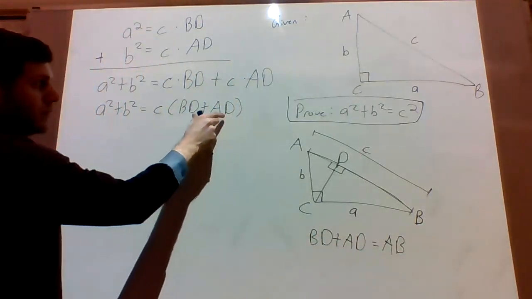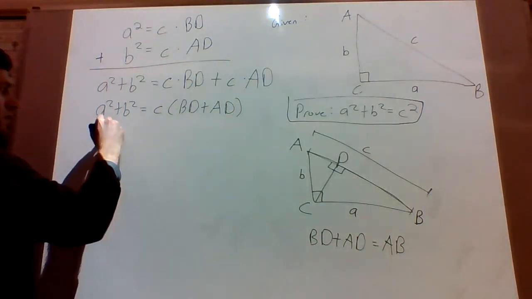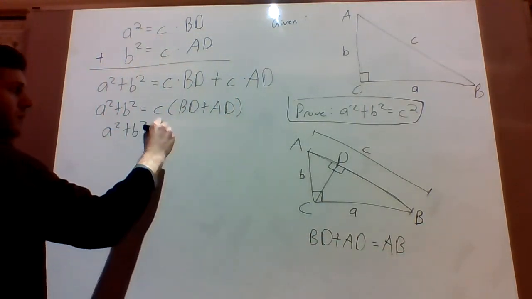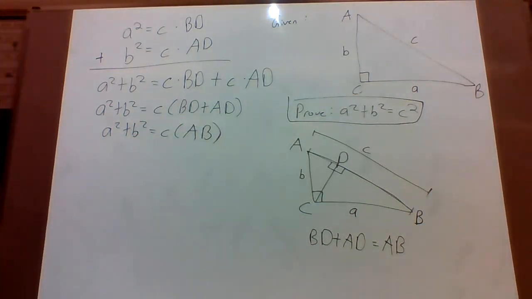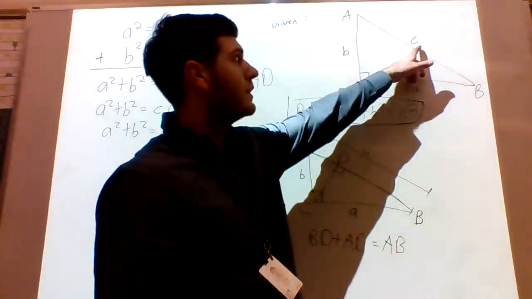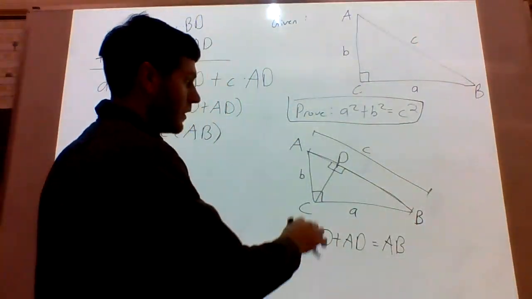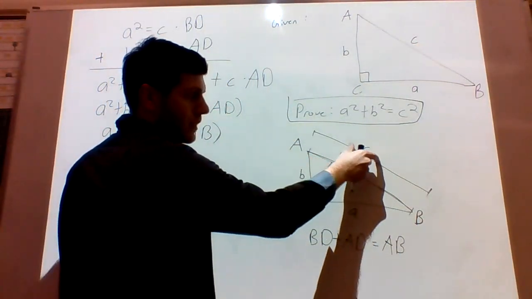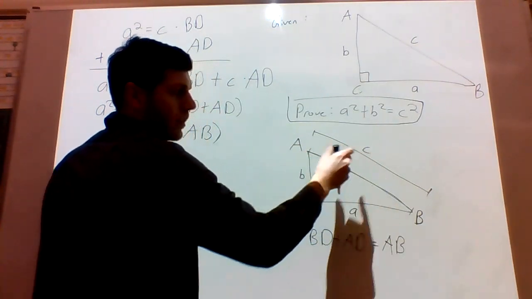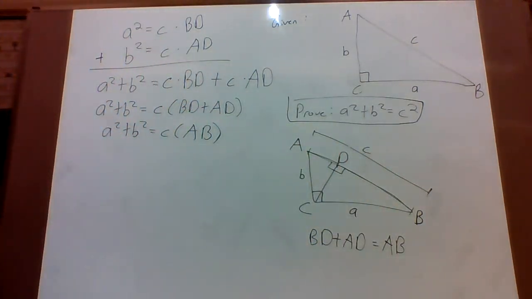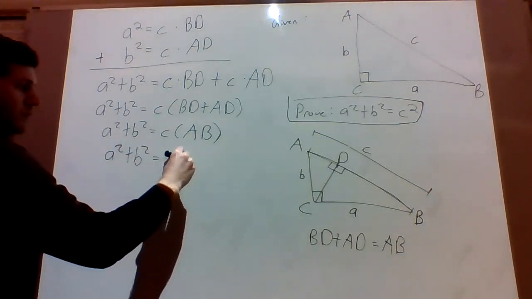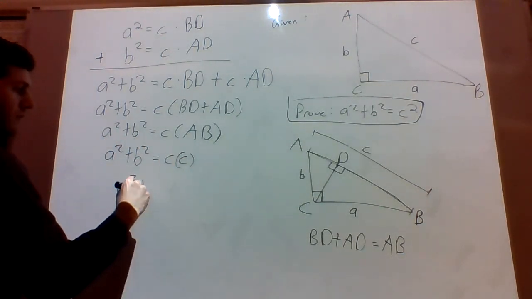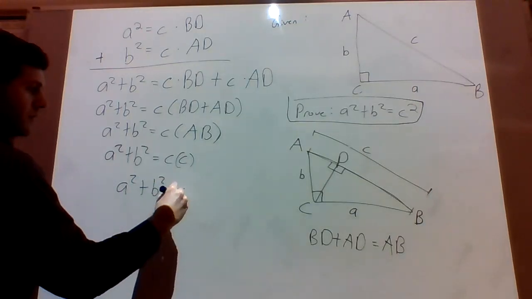So instead of writing BD plus AD, we can write c times AB. And what do we know the length of AB is? We know the length of AB is c. The AD plus DB is c. So we know a squared plus b squared equals c times c. We know c times c is c squared.